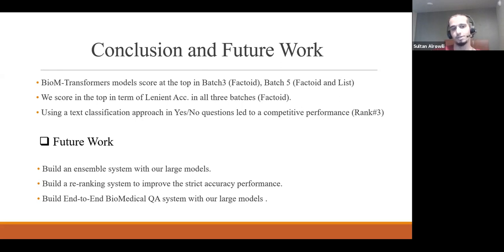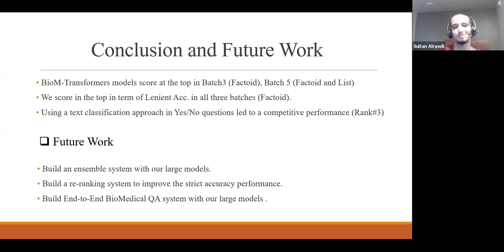So by having a re-ranking system, we could improve the strict accuracy, which will lead to MRR going up. Also, as a part of our participation in fighting the pandemic, we are planning to build an end-to-end biomedical question answering system. It's similar to the objective of the COVID-19 challenge, if you have heard about it.